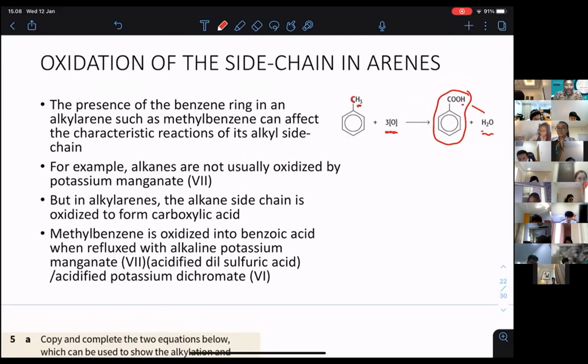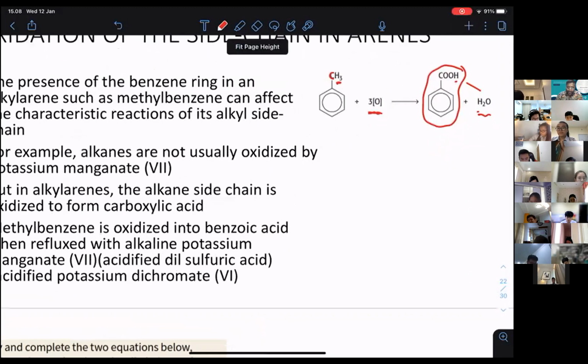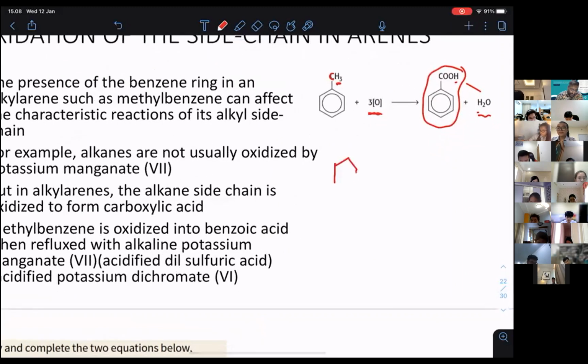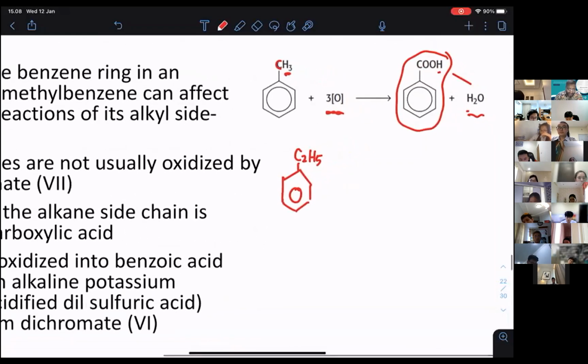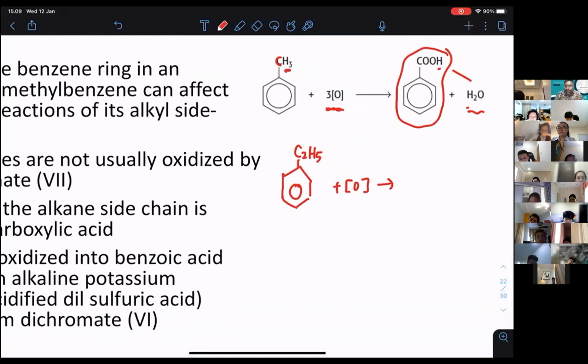If you have another type, let's say for example C2H5, now if I oxidize, it is very important to know this. Even though there are 2 carbons, when you oxidize, they are not going to give you the 2 carbon carboxylic acid.